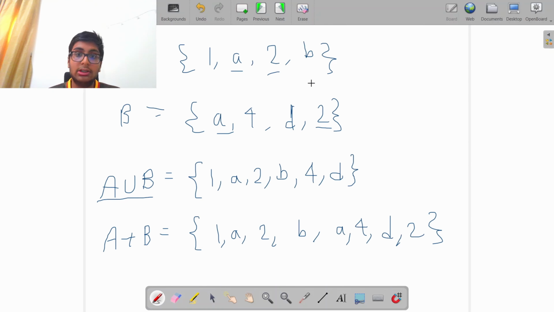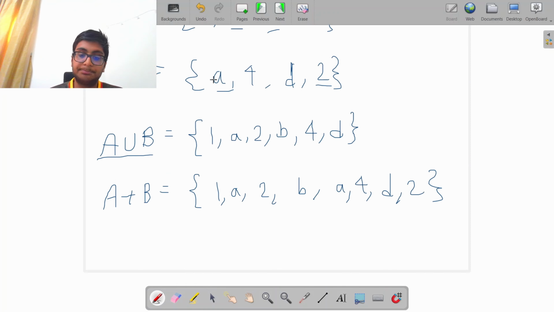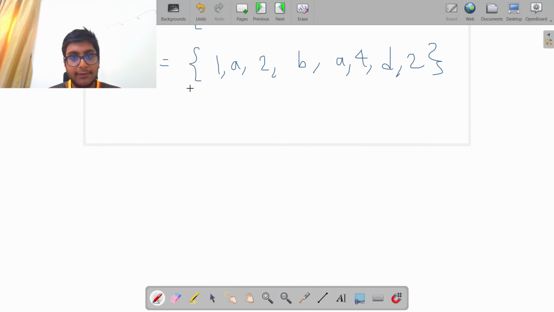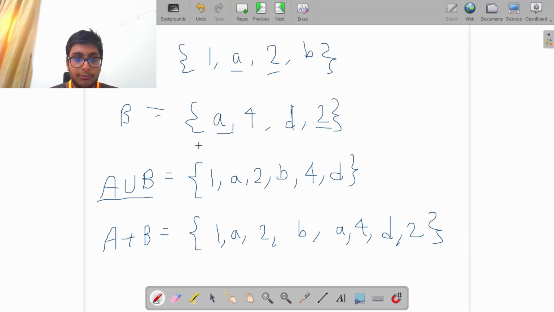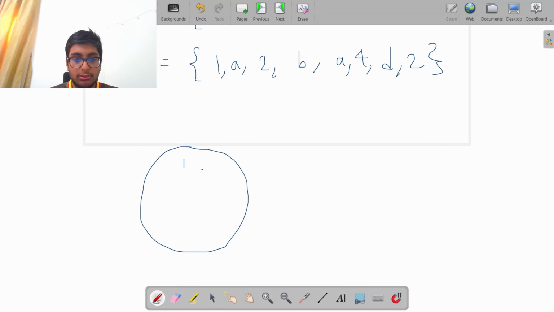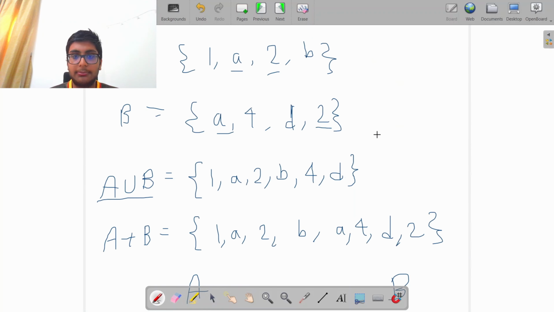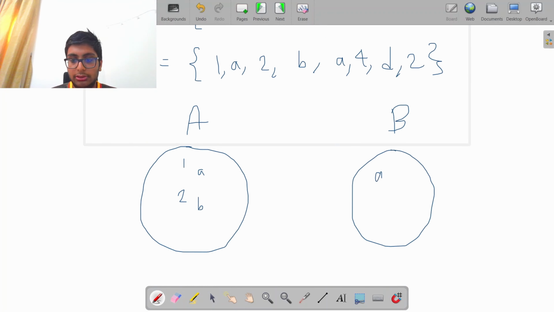If that is clear, then let me teach you what the Venn diagram would look like. Now, as I have said, these things merge in union. So if I have two circles here, with the information as I said above, 1, A, 2, B, and then a second one which has the information A, 4, D, 2.